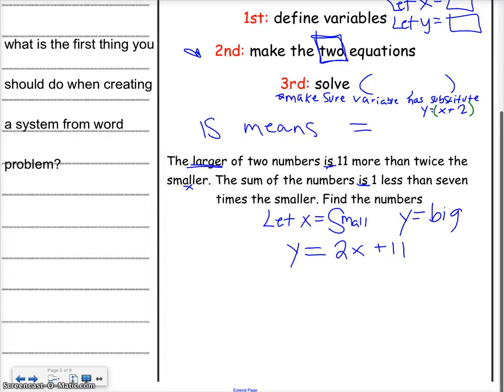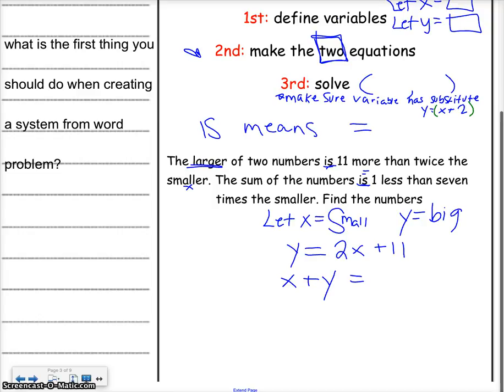Yep. Now I'm on a hunt for another equation because you should always have 2 equations. The sum of the numbers, so sum means add. So x plus y, the sum of them, is, so that means equals 1 less than 7 times the smaller.